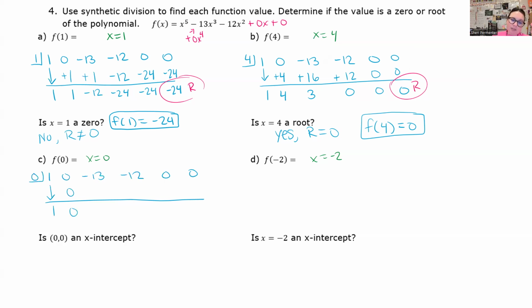0 times 0 is 0. Negative 13 plus 0 is negative 13. Anything times 0 is 0. Negative 12 plus 0 is negative 12. Negative 12 times 0 is 0. 0 plus 0 is 0. 0 times 0 is 0. 0 plus 0 is 0.